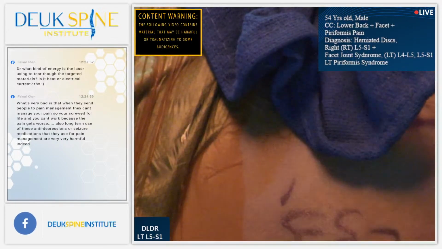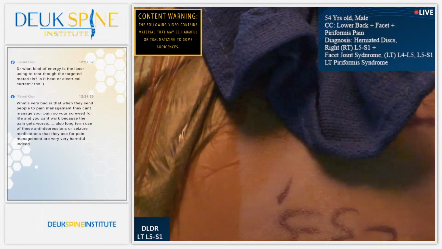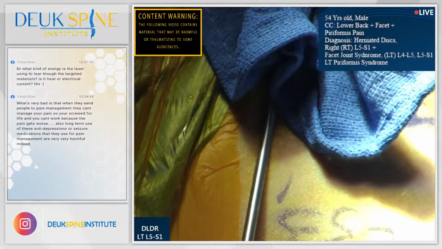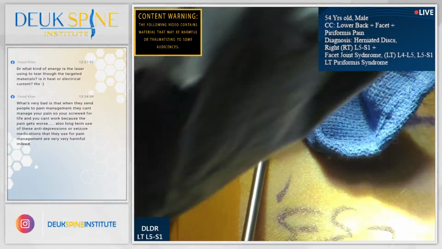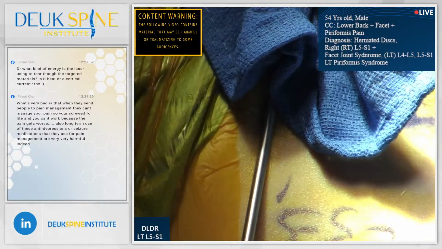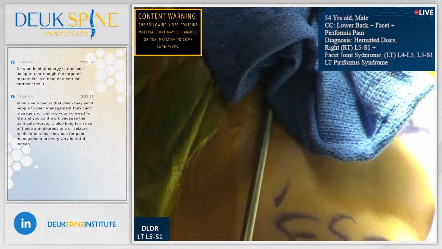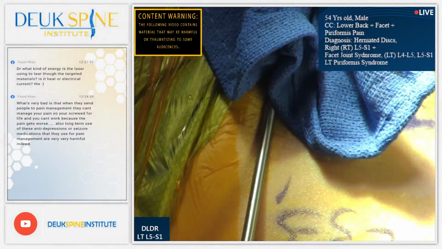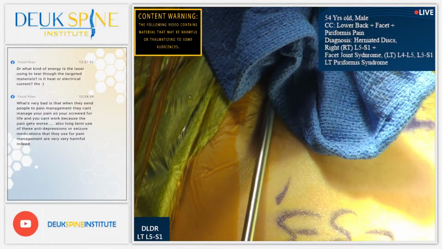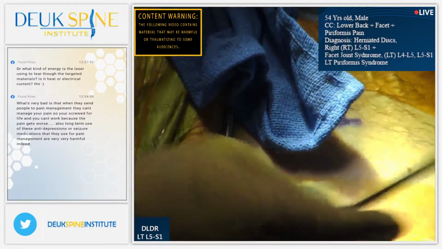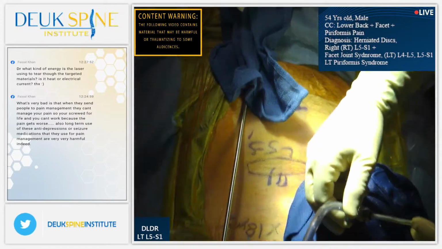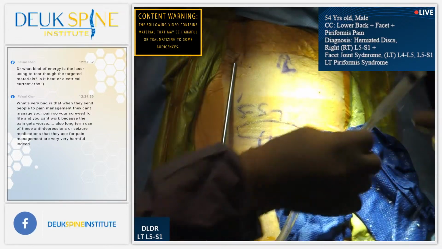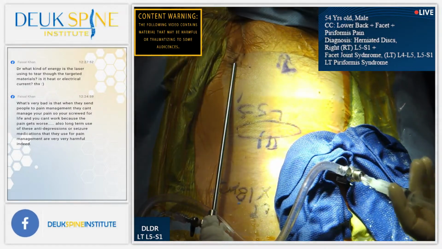Yes, one question coming from Faisal on Facebook, asking what kind of energy the laser is using to tear through the targeted materials. Is it heat or electrical current? Oh, it's a great question. Yeah, the laser uses electromagnetic radiation. That's what's coming out. It's electromagnetic radiation, which is basically the same thing as light energy, or microwaves, or infrared.